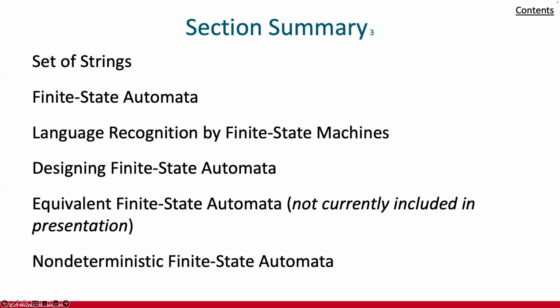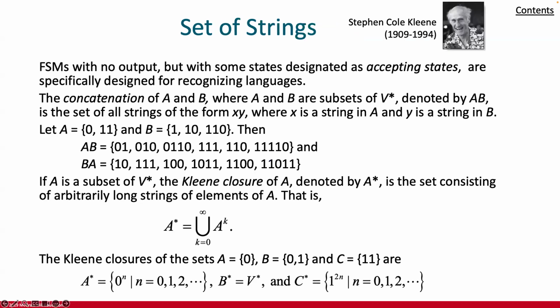A string is recognized if and only if it takes the starting state to one of these final states. So final states with no output, but with some states designated as accepting states, are specifically designed for recognizing languages.